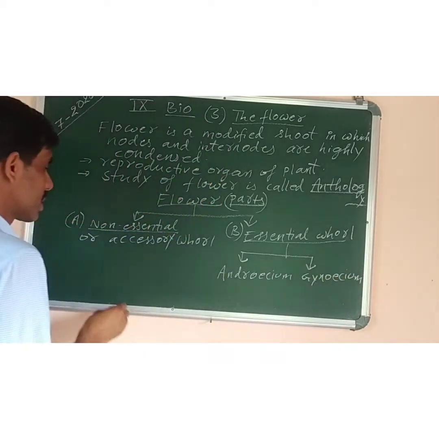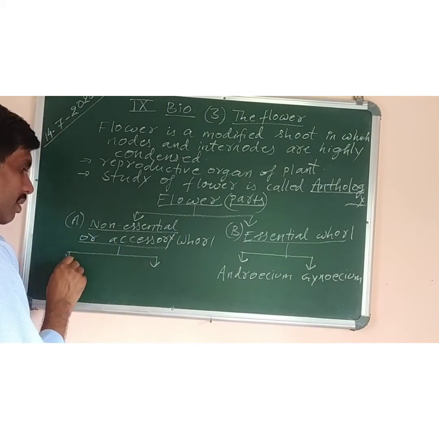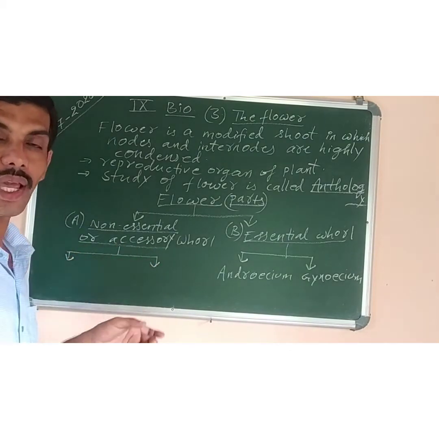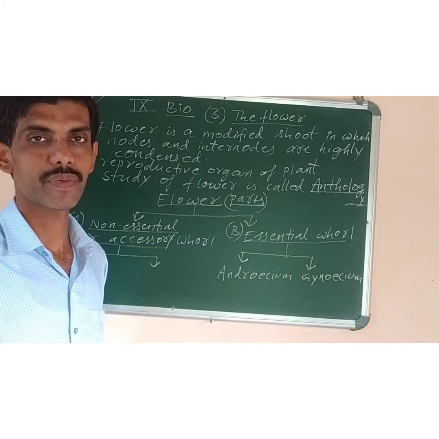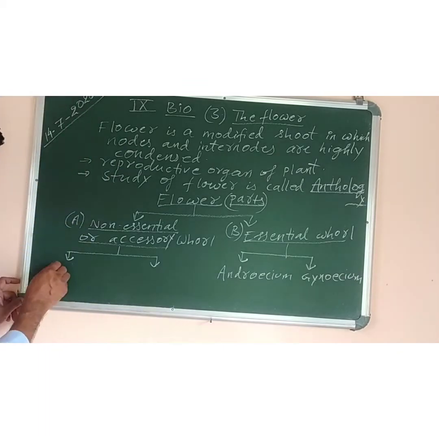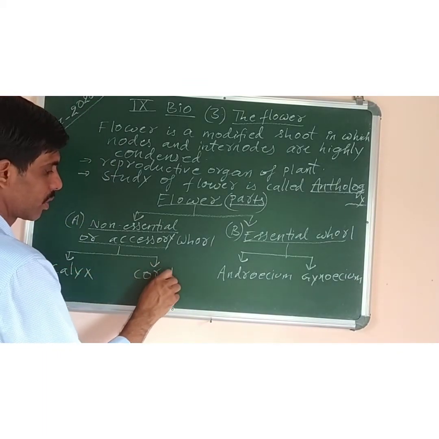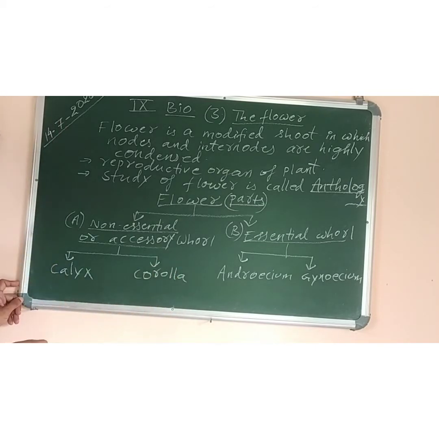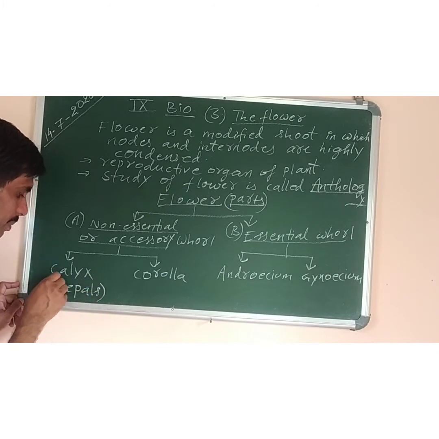Similarly, that part of the flower which does not help in production of gametes, but assists in the process of reproduction, they are calyx and corolla. Calyx is made up of smaller leaf-like structures, the units of which are called sepals.